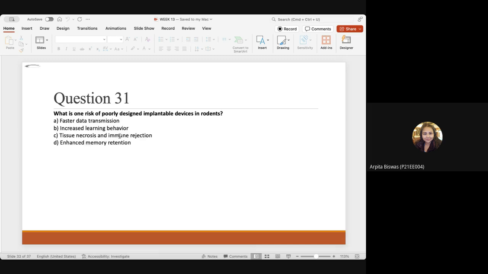Then question number 31. What is one risk of poorly designed implantable device in rodent? Option A, faster data transmission; option B, increased learning behavior. Option C is the tissue necrosis and immune rejection, and option D is the enhanced memory retention.